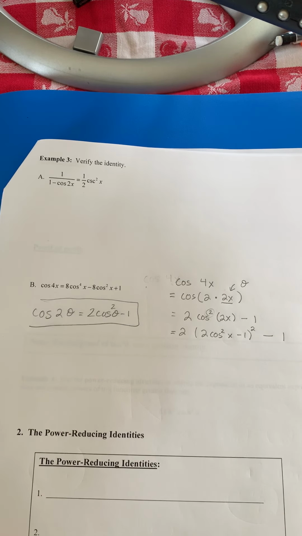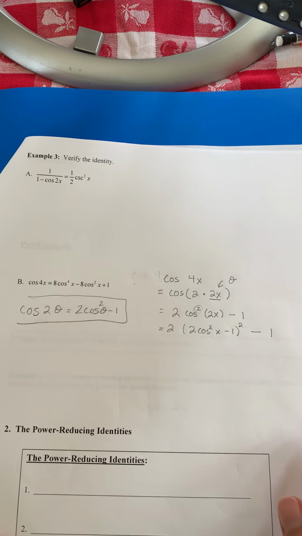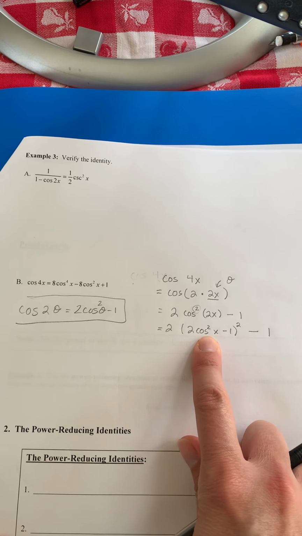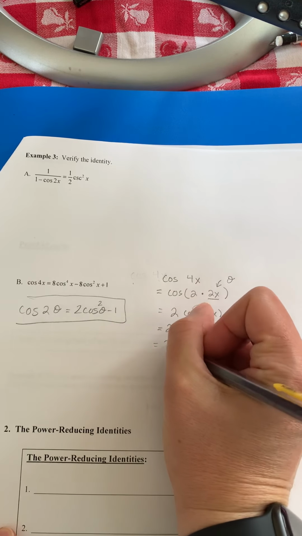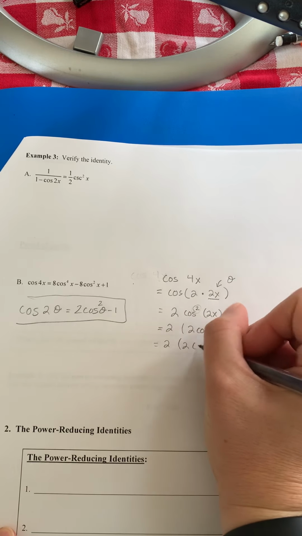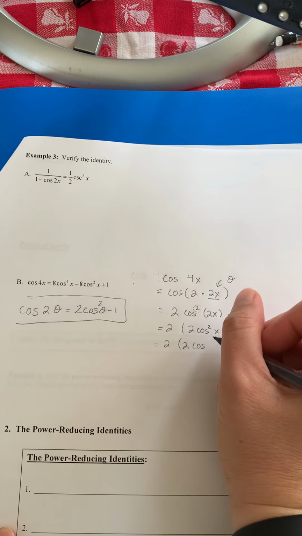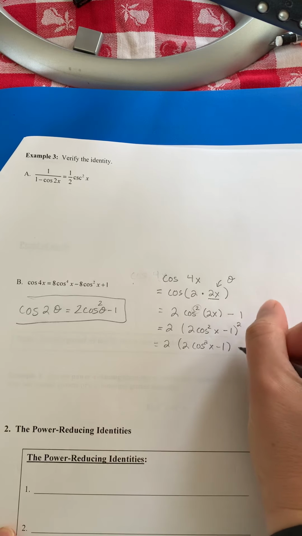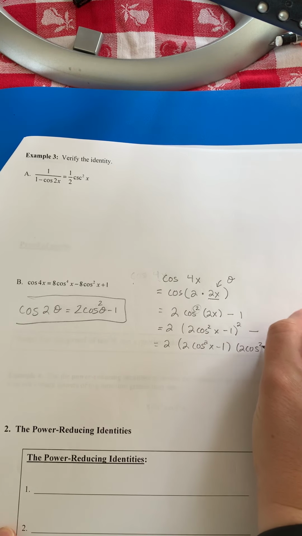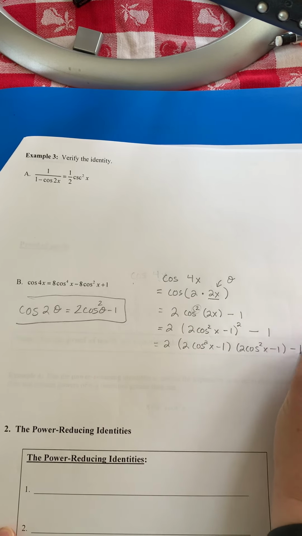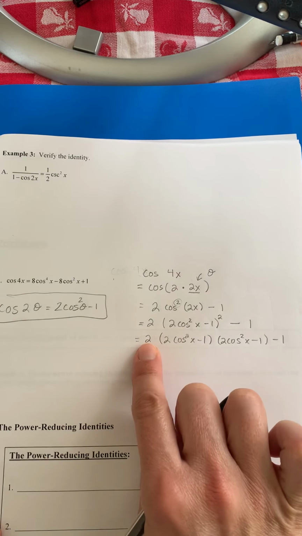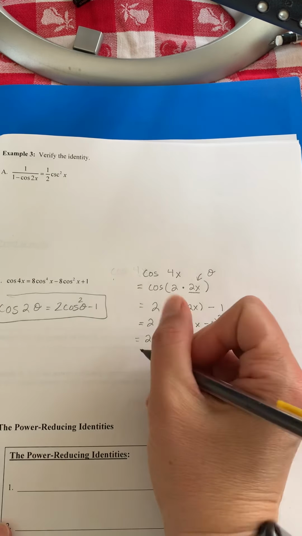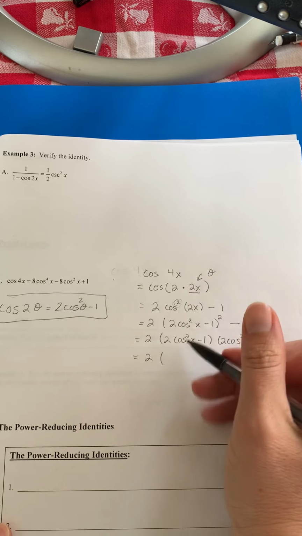Next thing that's natural to do is to multiply this out. You can maybe write it out twice, which might help you. I'm going to leave this 2 alone for right now. I'm going to go ahead and FOIL this out.